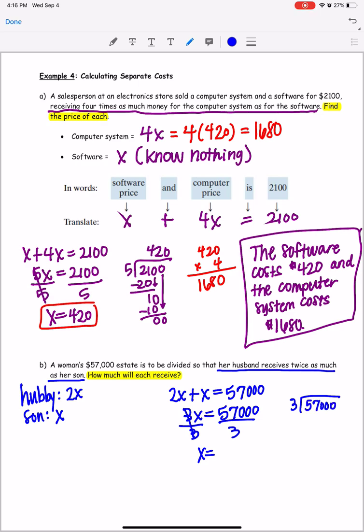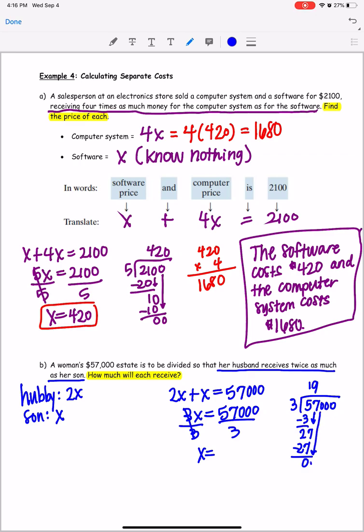Okay. 3 goes into 7 one time. 1 times 3 is 3. We get 2. Bring down your 7. 3 goes into 27 9 times. 9 times 3, 27. Even though you get 0 here, you're not done because we haven't brought down these 3 zeros.